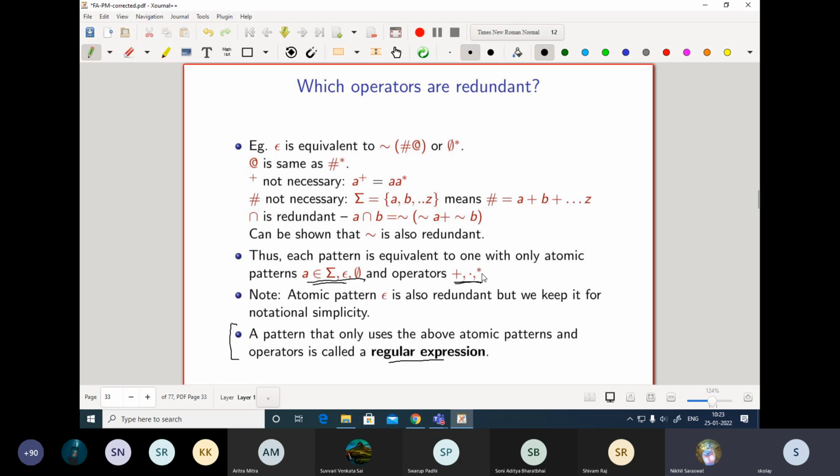So what we can show is that each pattern is equivalent to a regular expression. Any pattern that contains only these symbols, with at, unary plus, etc. removed, will be called a regular expression. Since we haven't seen the entire proof of getting rid of not, it can be shown that each pattern is equivalent to a regular expression.